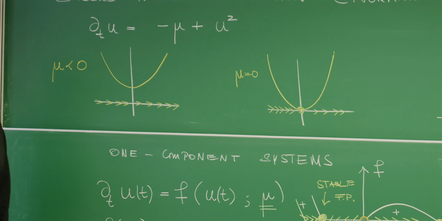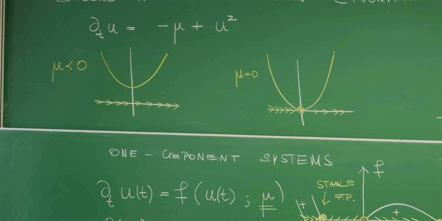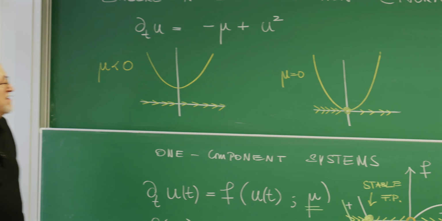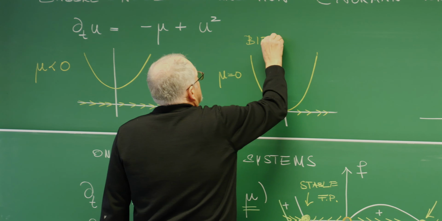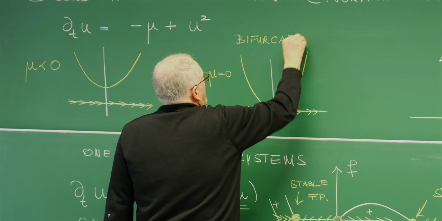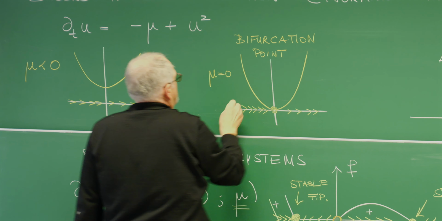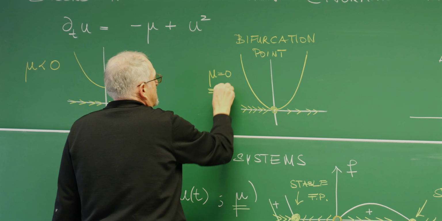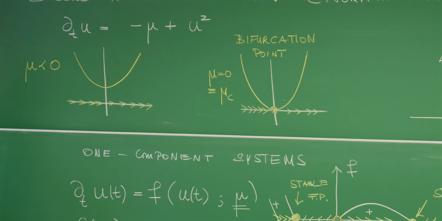So it's flowing into it from one side and flowing out of it from the other side. It's not the same as an unstable fixed point, which would have two directions flowing out. Here you have one in and one out. It's just the bifurcation point for this analysis. So this is our critical or threshold value for the control parameter.